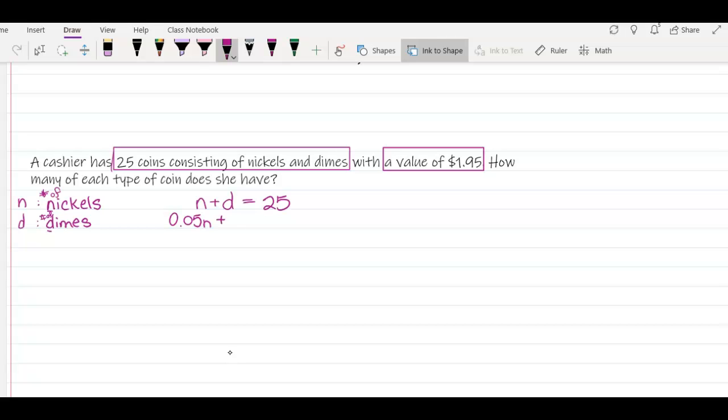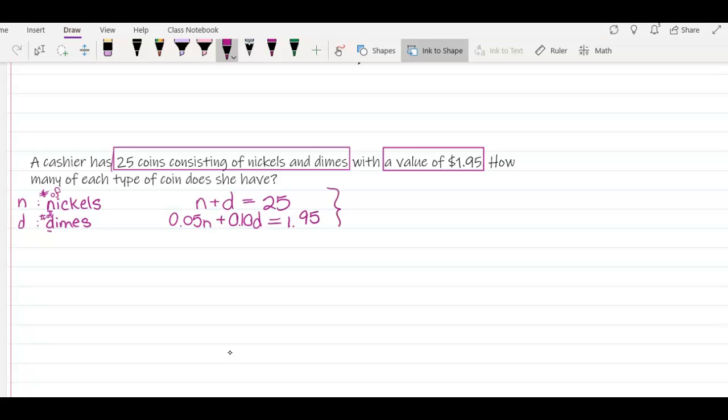Then you do the same with dimes: 0.10 for 10 cents times the number of dimes, and you add that up. So you give each nickel 5, 10, 15, 20, and so on, and the dimes 10, 20, 30, 40, 50, all the way up till you get to $1.95.